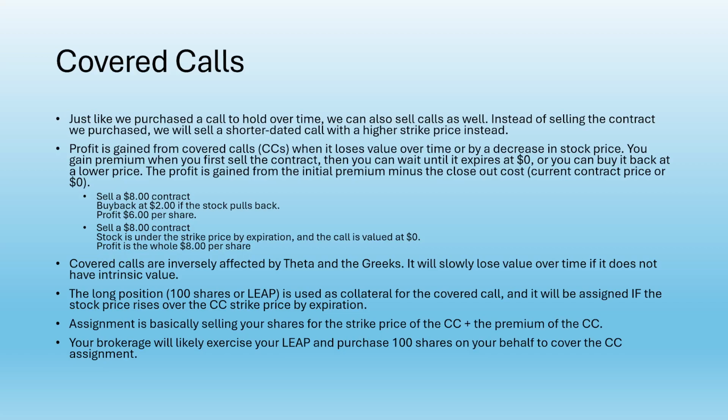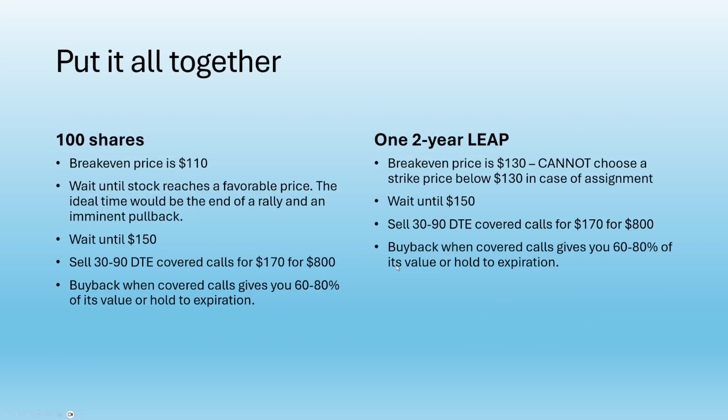If Nvidia were to jump up to 130, then you would probably want to sell a covered call that is out of the money, maybe let's say like 160 or 170. Here, sell 30-day to 90-day covered calls for a strike price of 170 for $800.